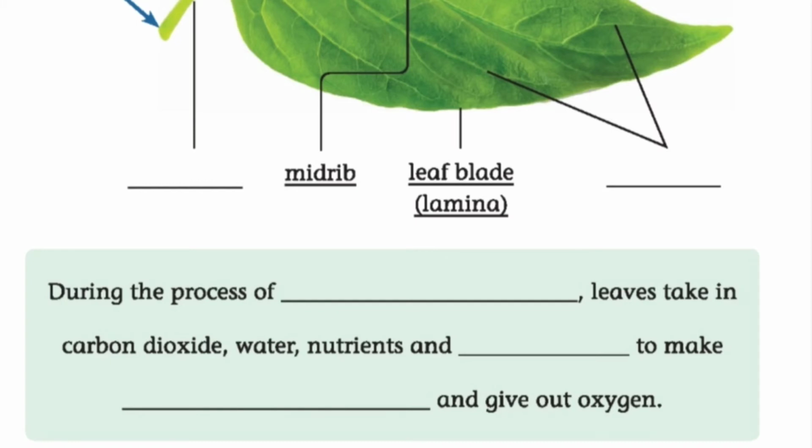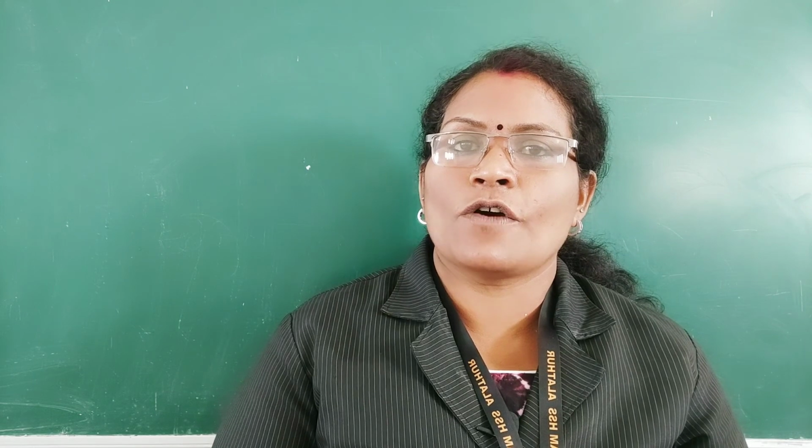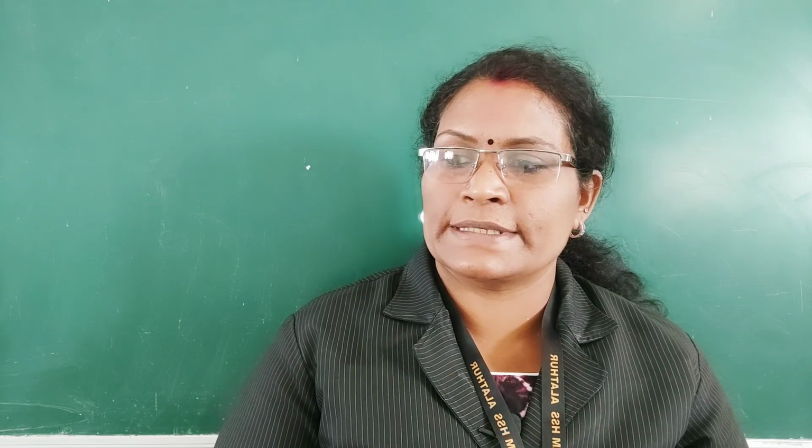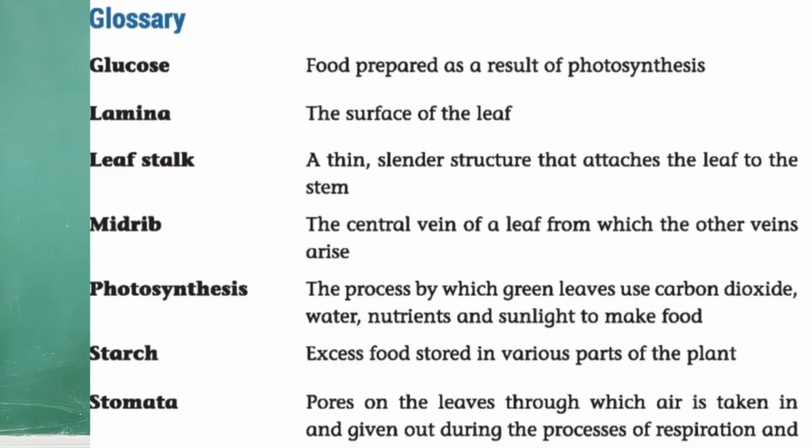So now let's do the glossary. Let's have a review of this lesson, that is the glossary. Glucose, the food prepared as a result of photosynthesis. Next, lamina, the surface of the leaf. Leaf stalk, a thin slender structure that attaches the leaf to the stem.